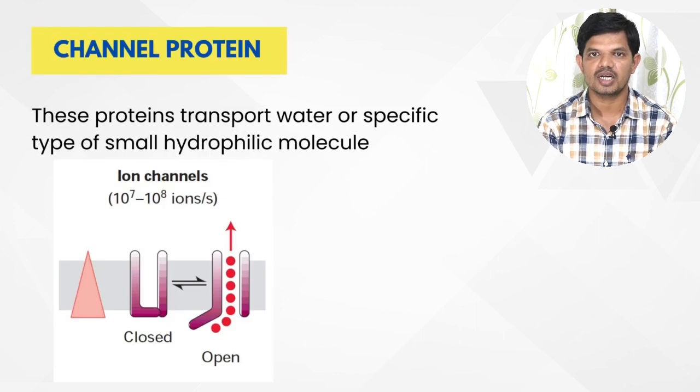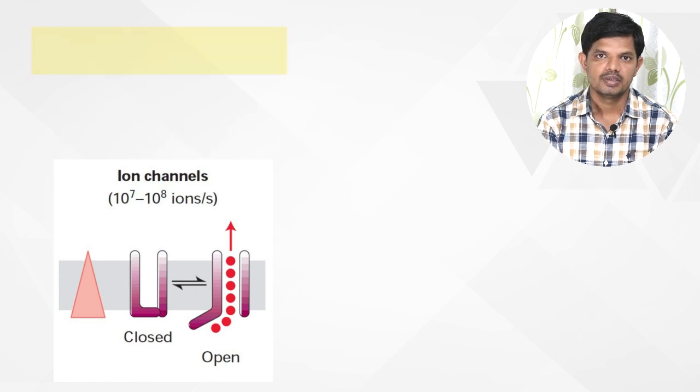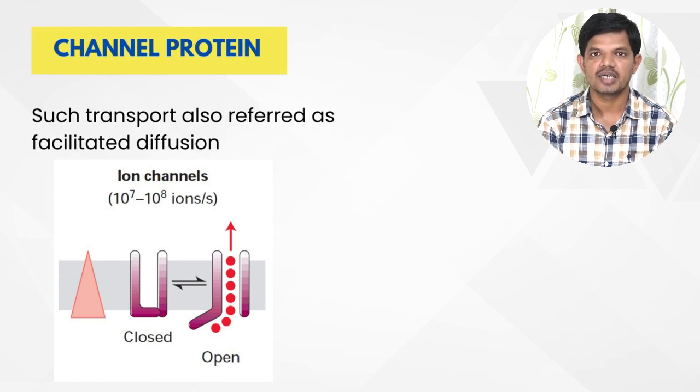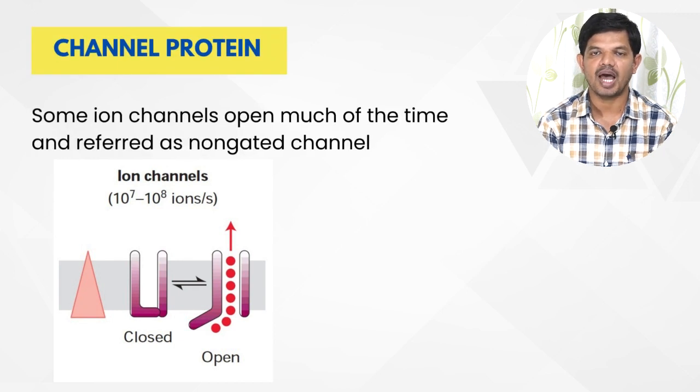Channel proteins transport water or specific types of ions and hydrophilic small molecules down their concentration or electric potential gradients. Such protein-assisted transport is sometimes called facilitated diffusion. Some ion channels open much of the time. These are referred to as non-gated channels.